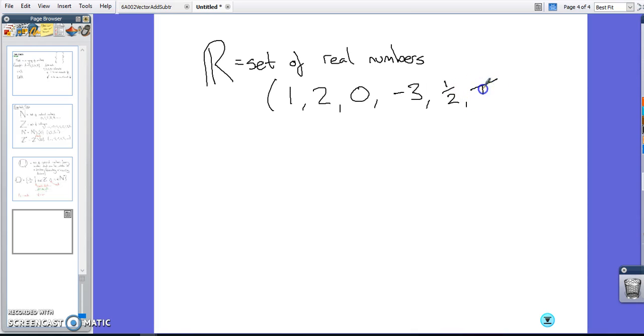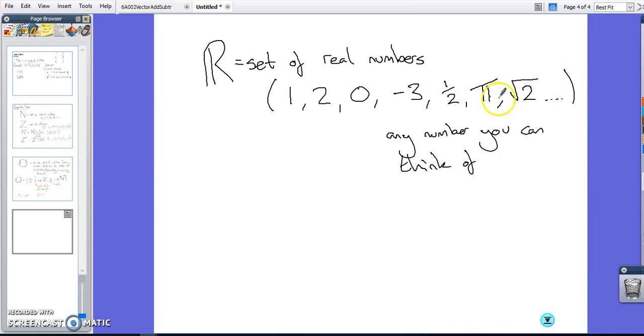So for example, pi. It includes the square root of 2, which can't be written as a fraction either. It includes any number you can think of. Will fit into R. It's the set of all real numbers. So now we've met our sets, let's have a look at some set notation.